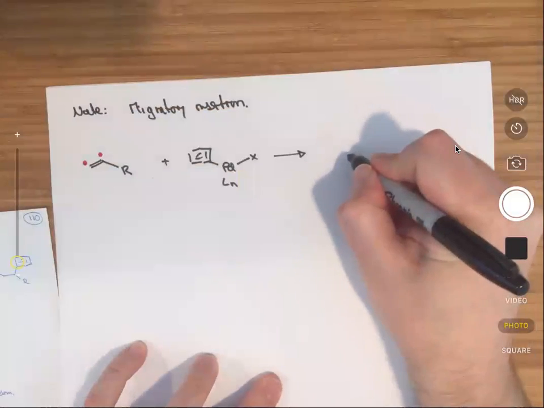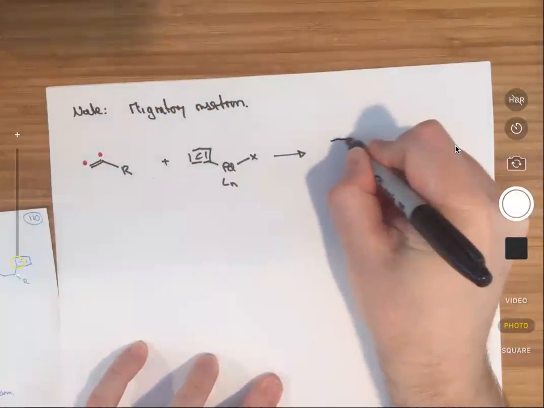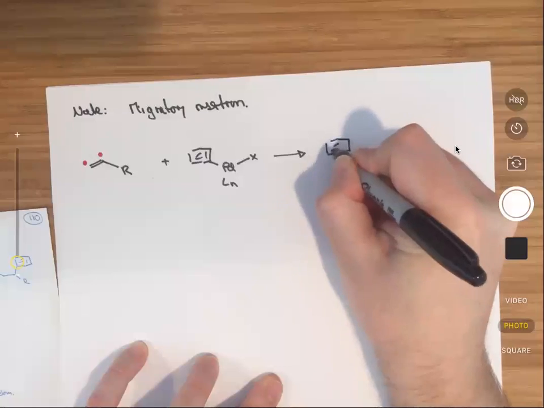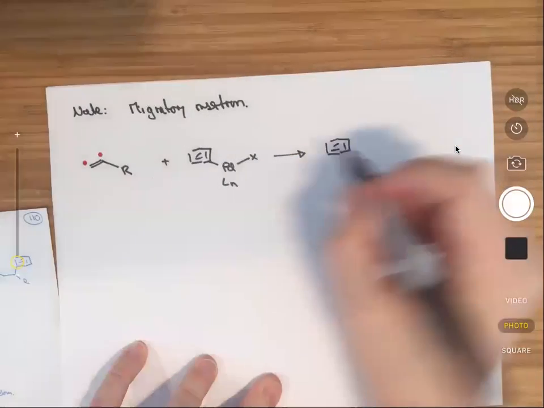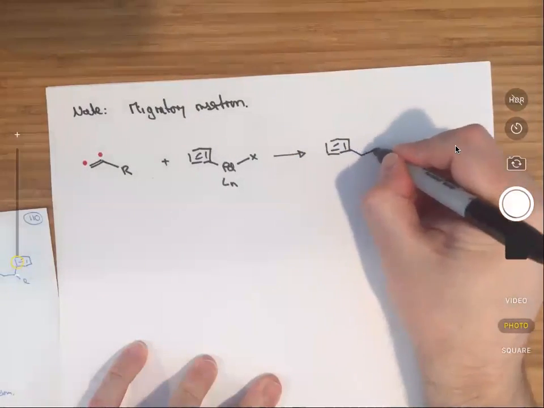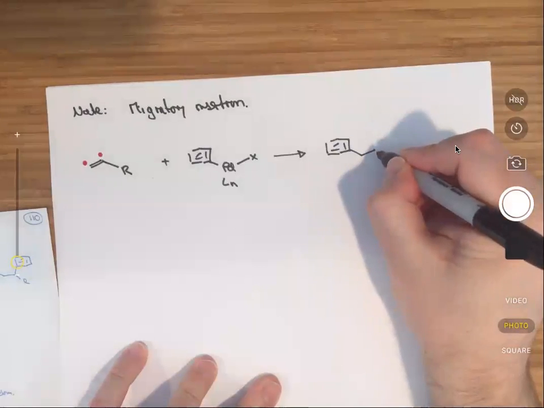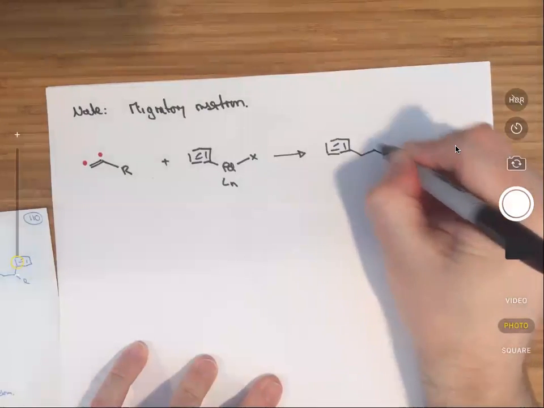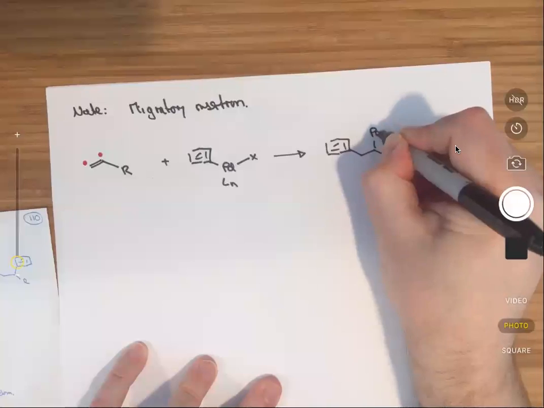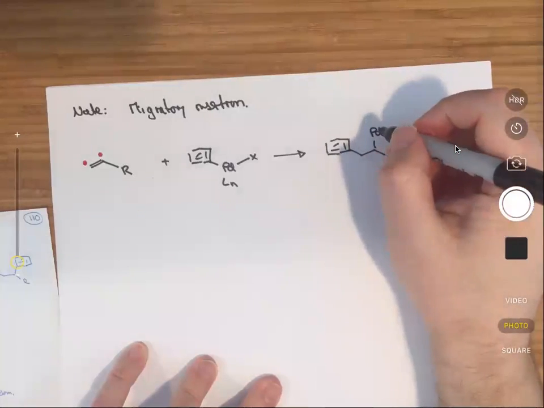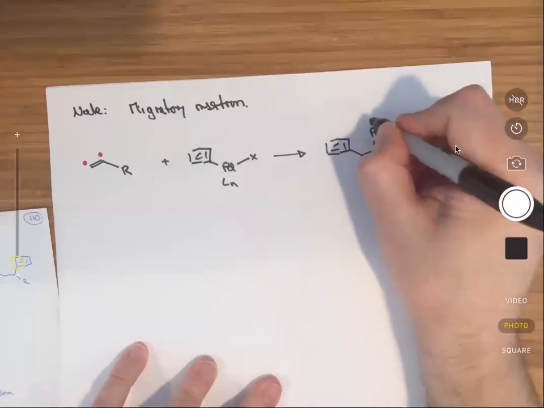So the first one, let's say we're going to place the phenyl ring in this position, then you're going to end up with something that looks like this. Palladium XLn.